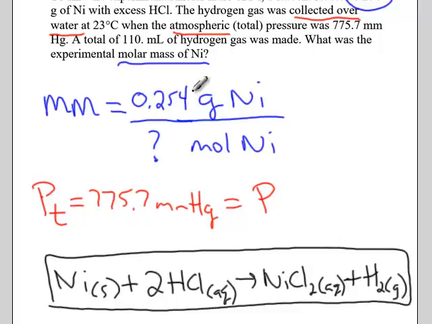So going back to this total pressure, the total pressure is the pressure of hydrogen that we create from this reaction, but it's mixed with water vapor, so we also have water mixed in with that hydrogen gas.